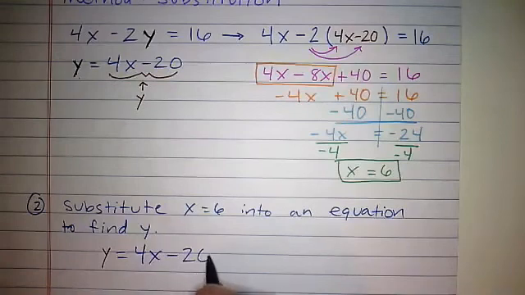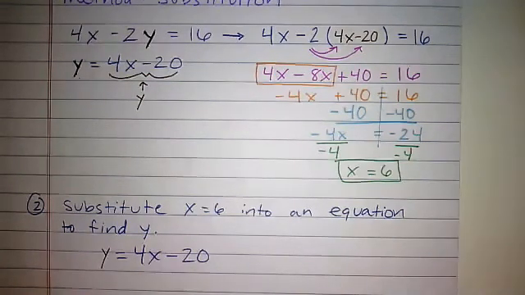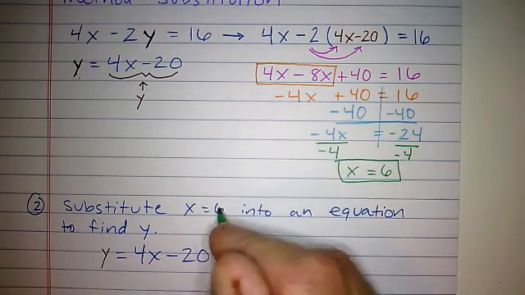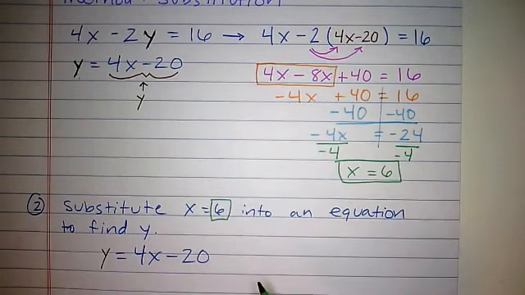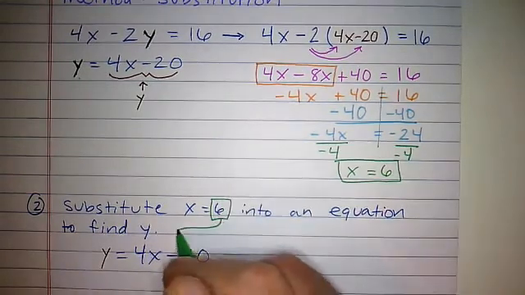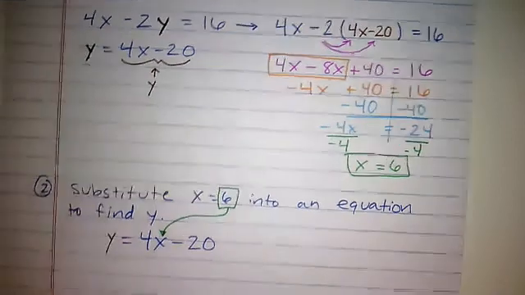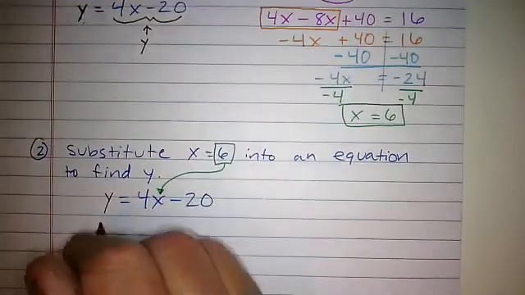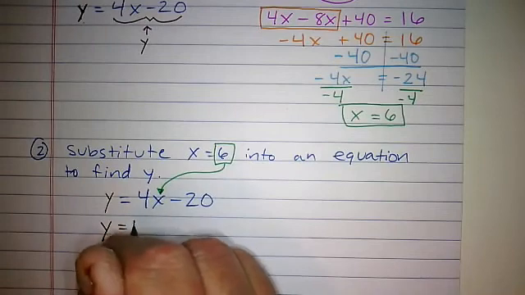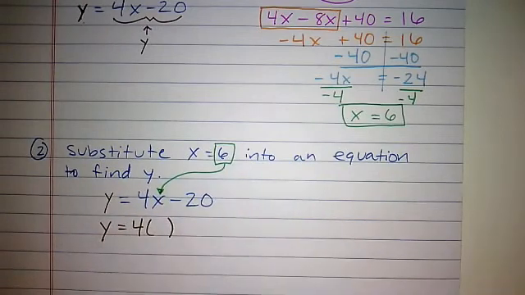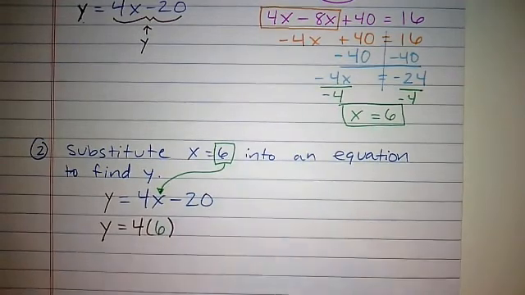Okay, so here's my equation that I'm choosing. And that's the one that told me what y is equal to. And now, because x is equal to 6, I can substitute that into that equation. And so what that looks like is we could say that y is equal to 4, and I left a space there because now I'm going to replace it with 6. 4 times 6, and I'm going to take away 20.